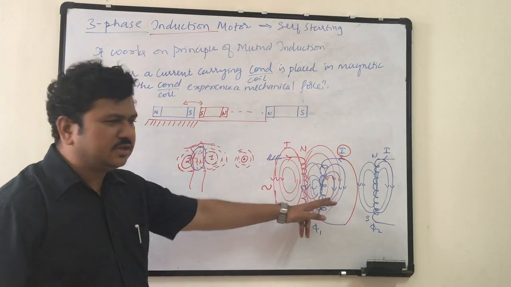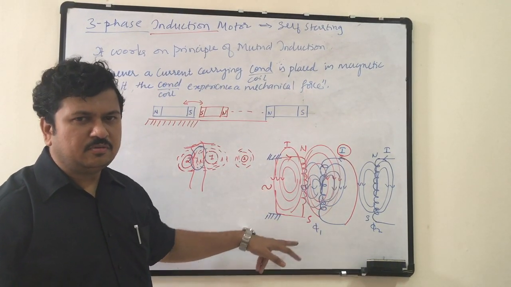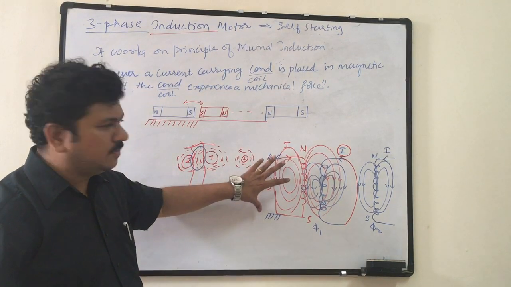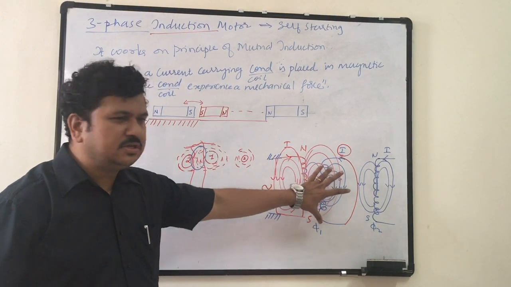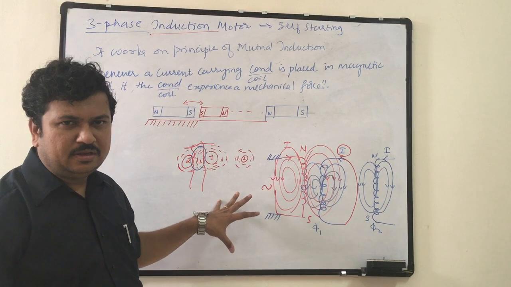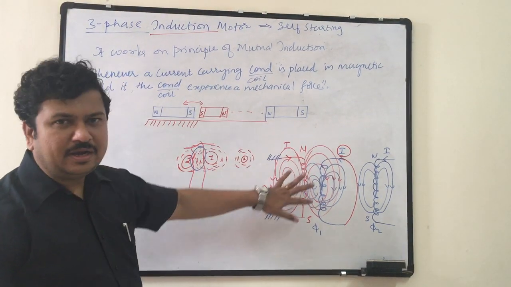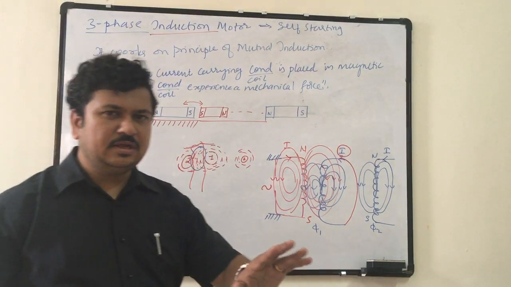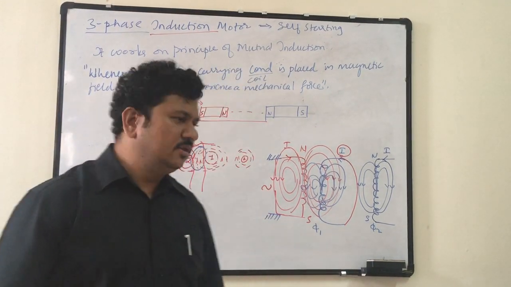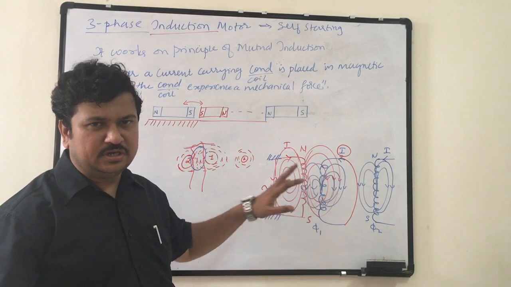Is it transformer action? In transformer what I did, I supplied to primary and I placed a secondary near to the primary through core. Then the flux created by primary linked to the secondary. Because flux was alternating, the secondary winding got EMF induced in it.